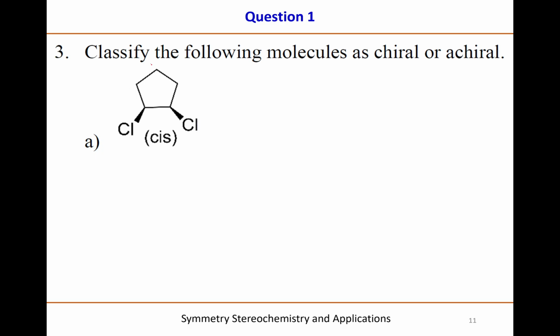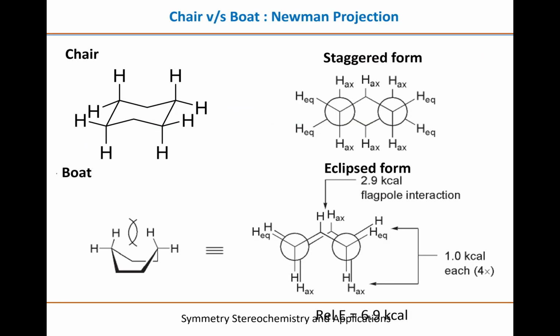You can see that if I pass the plane from here, these are mirror images of each other. So a plane of symmetry is present, correct? So that's why this molecule will become what? Achiral. Achiral. Got it?